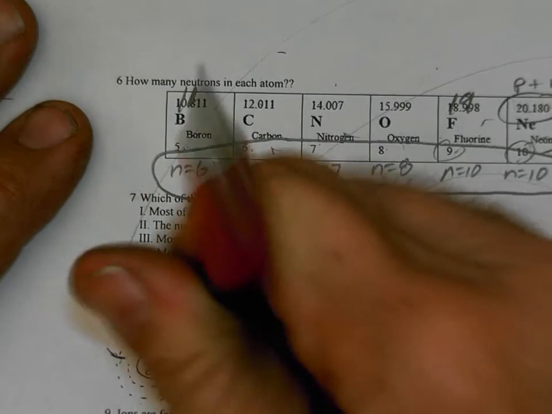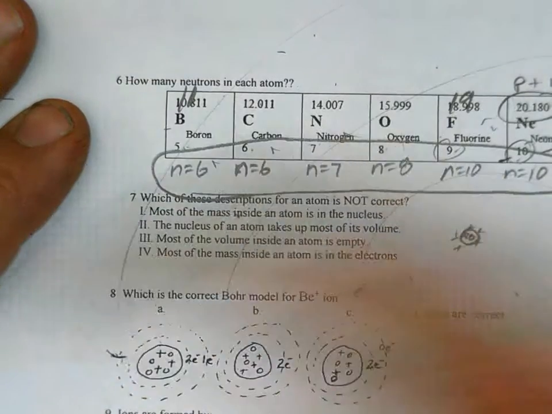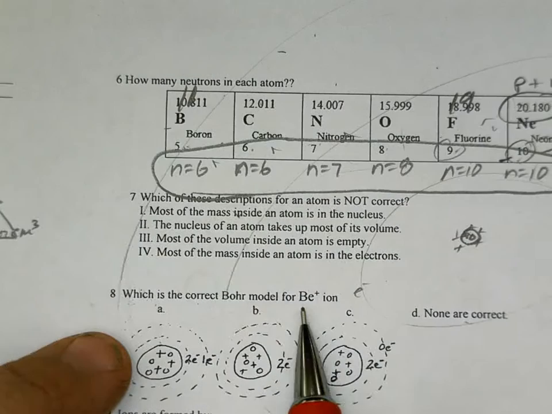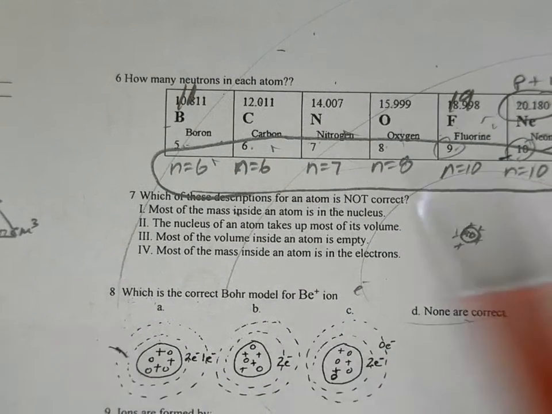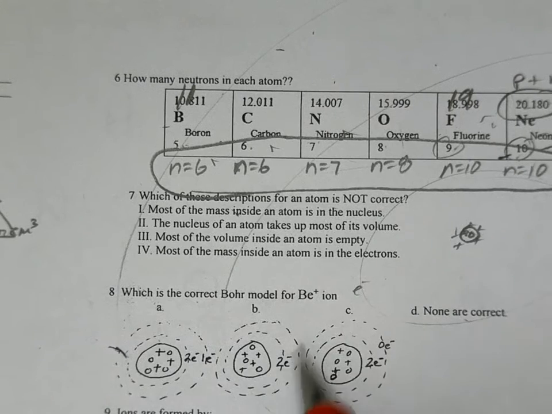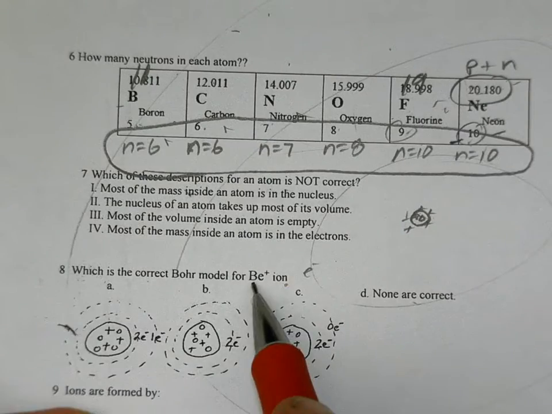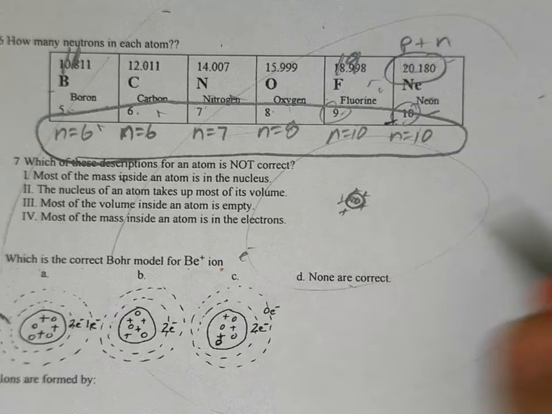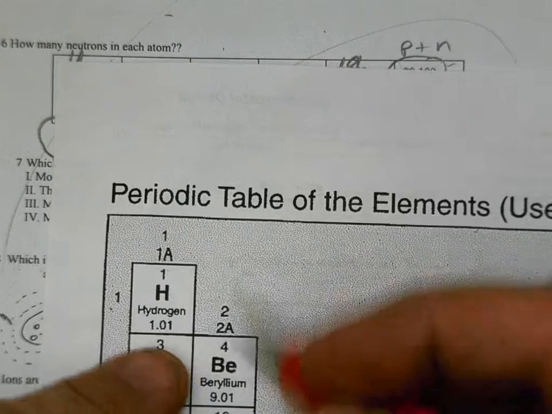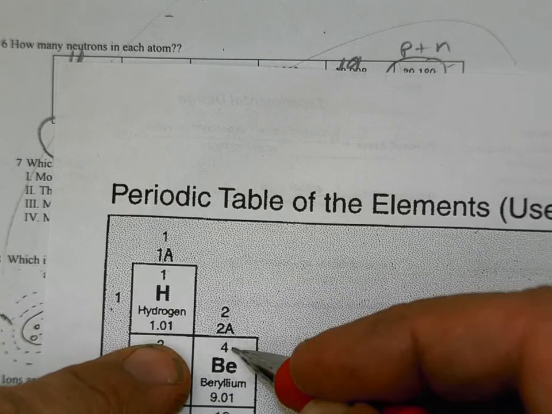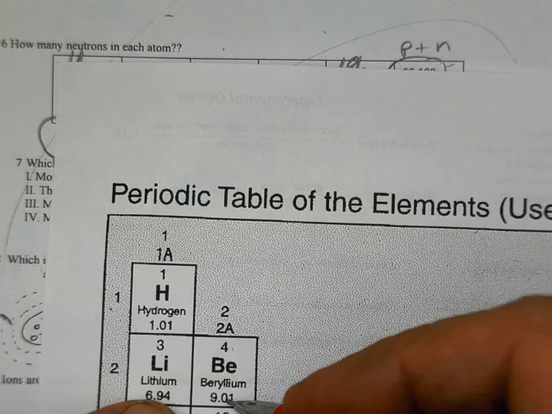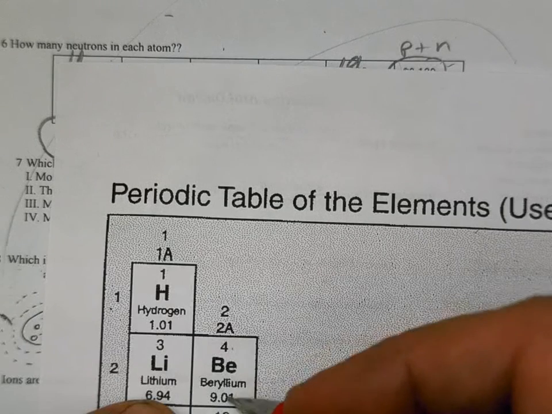All right, this one right here. Draw the correct Bohr model for beryllium +1 ion. Well, okay, I'm just going to do plain old beryllium to start with. On your periodic table, beryllium has 4 protons and 4 electrons and 9 particles in the nucleus. So I'm just going to start with the regular one.